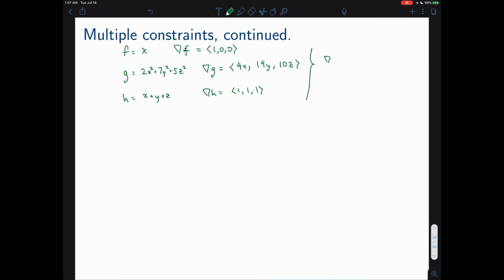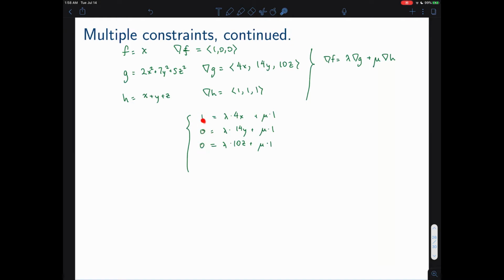So we have the vector equation that gradient of f is a scalar times gradient g plus a scalar times gradient h. If you expand that out, you get the equations. 1 is lambda times 4x plus mu times 1. 0 is lambda times 14y plus mu times 1. And 0 is lambda times 10z plus mu times 1.